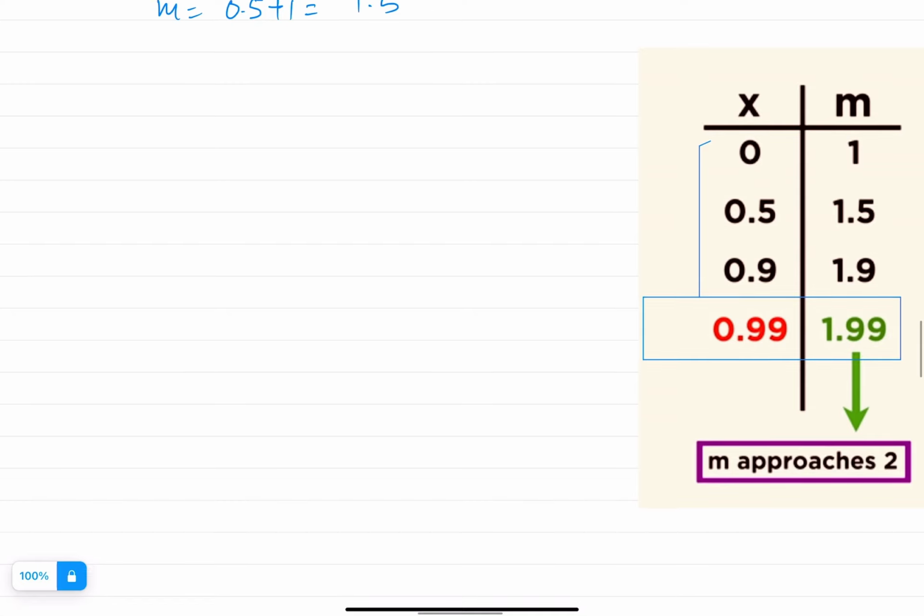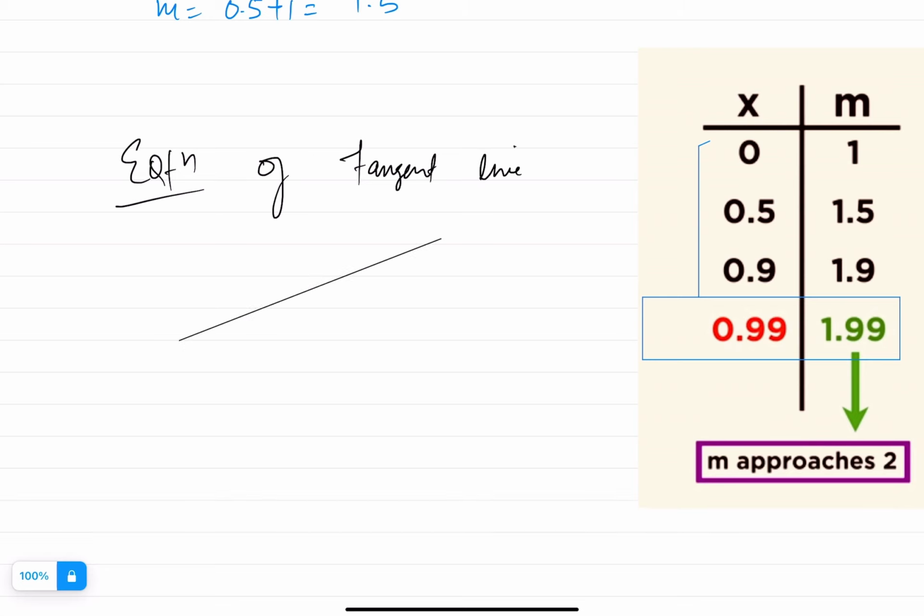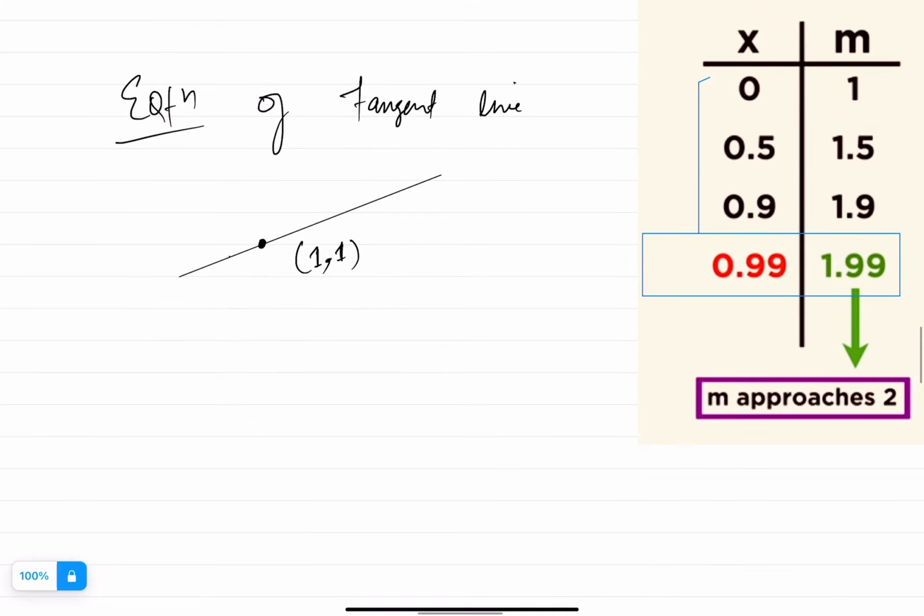Okay, now our main objective was to find the equation of the tangent line. We know that we had taken a given point, 1 comma 1. We know y is equal to mx plus c.